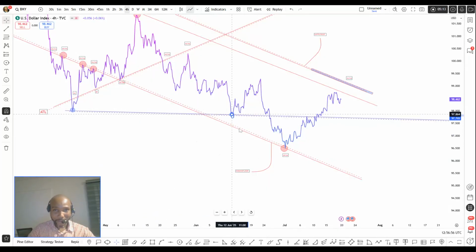So you have here two support structure. In fact, it's not two, three support structure. Another support structure, four. So I'm also going to put that up. We have here SR1, support become resistance and break of structure.